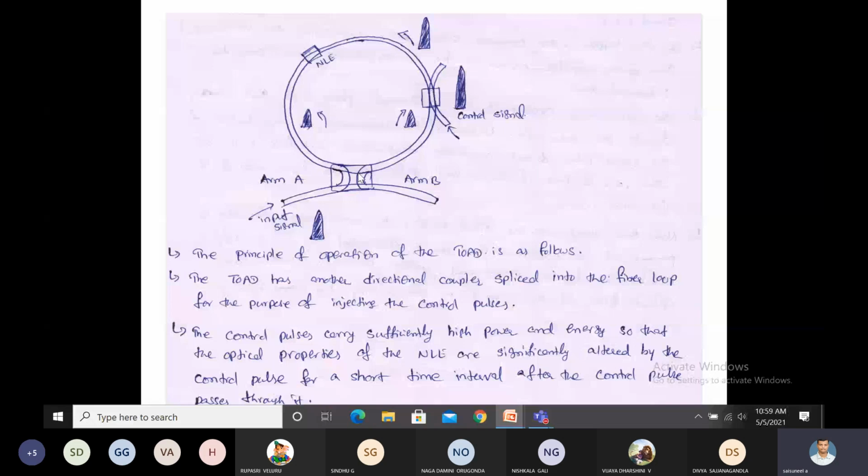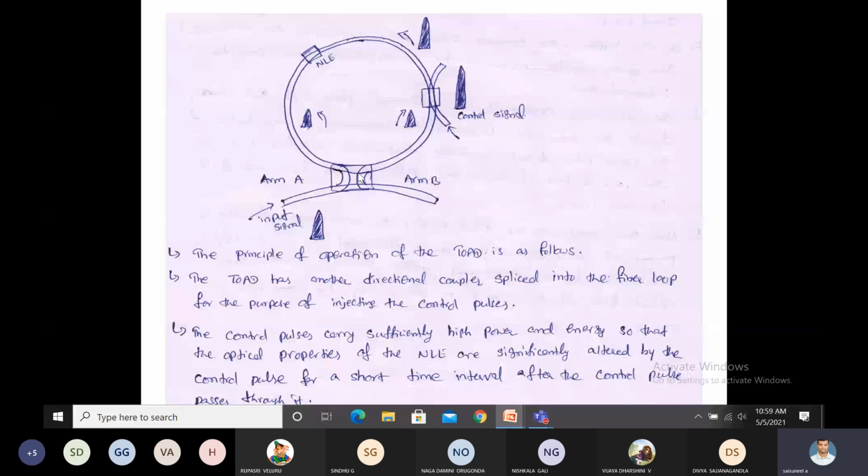Without the control, nothing will happen. This is the original half of the power we are getting. Both are multiplexed together, and we get a high intensity signal as output. This is about T1. For every operation here, we are doing an ANDing operation. Finally, we get a high intensity signal.